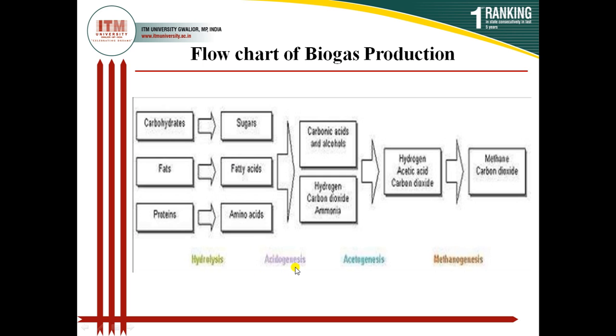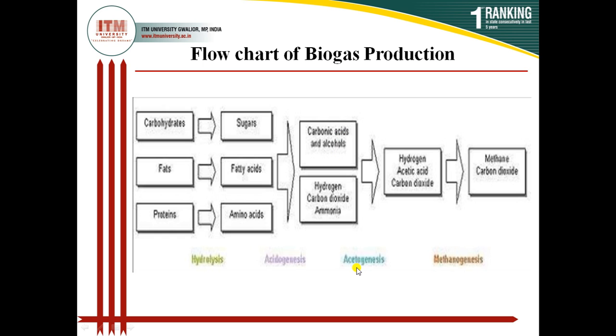So these acidogenic bacteria will act on it. Acidogenic bacteria feed on sugar, fatty acid and amino acid, and release carbonic acid, alcohol, ammonia or carbon dioxide, and convert it into acetic acid.